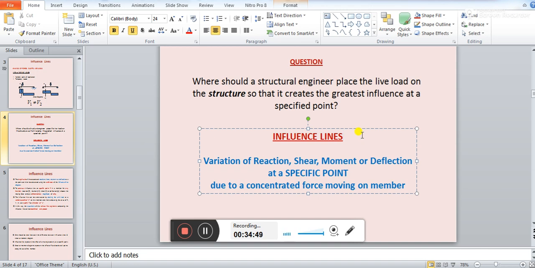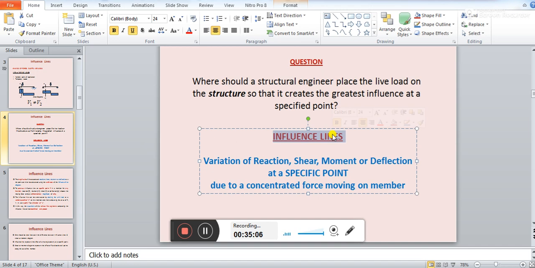If you want to find that greatest influence at a specified point because of the moving load, it can only be determined using influence lines.